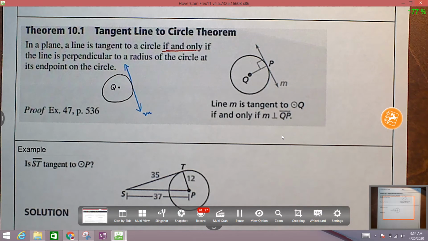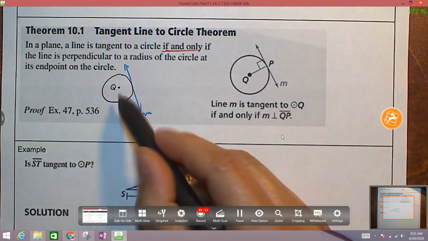So line M is traveling through two-dimensional space, and it happens to intersect circle Q in exactly one point. Remember that what that's called is tangent. When a line or a line segment intersects a circle at exactly one point, it's called tangent. So line M is tangent to circle Q.